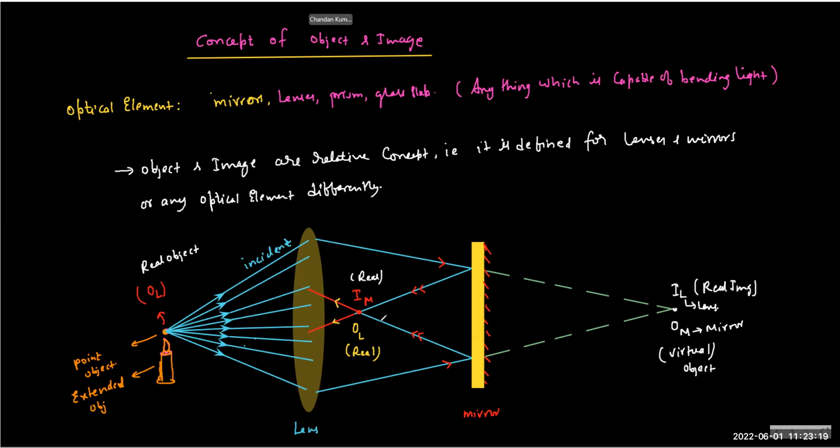You can trace back, you can get the intersection. And then after the refraction, let's say they meet somewhere. I'll meet it nearby. You don't have space. So this is again called the image due to lens, and the two are real.